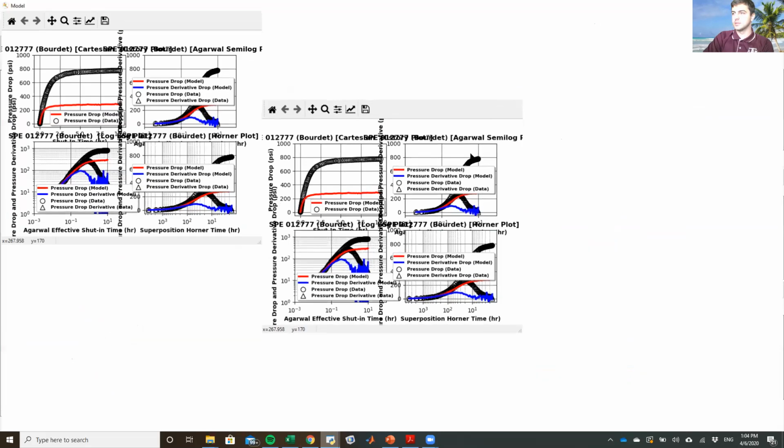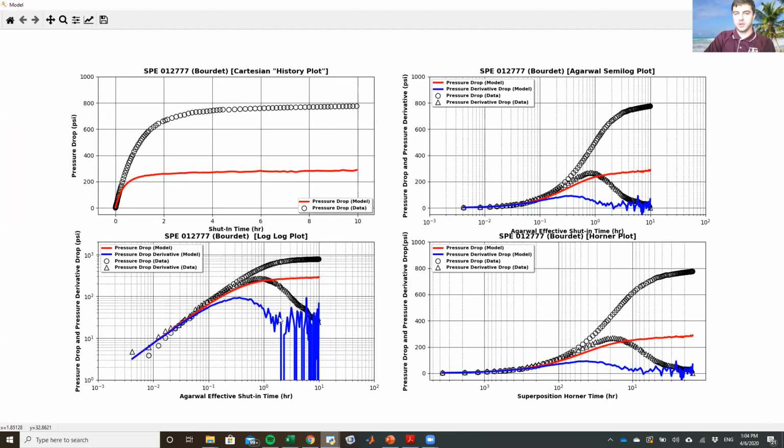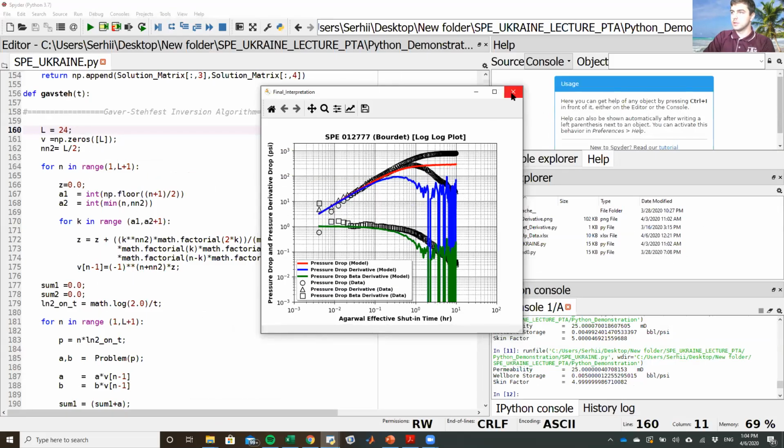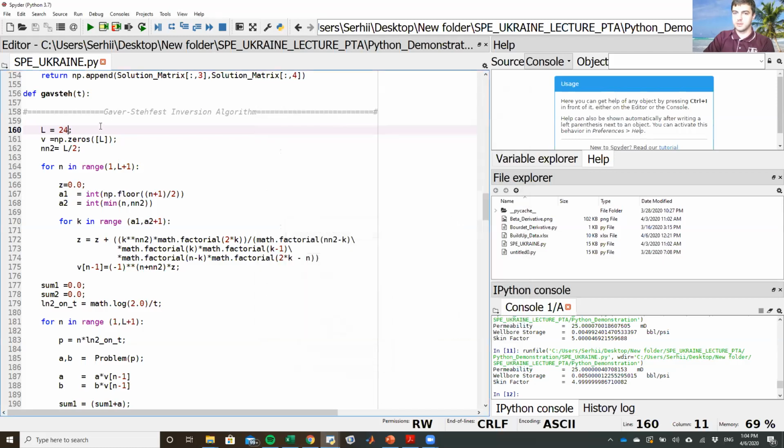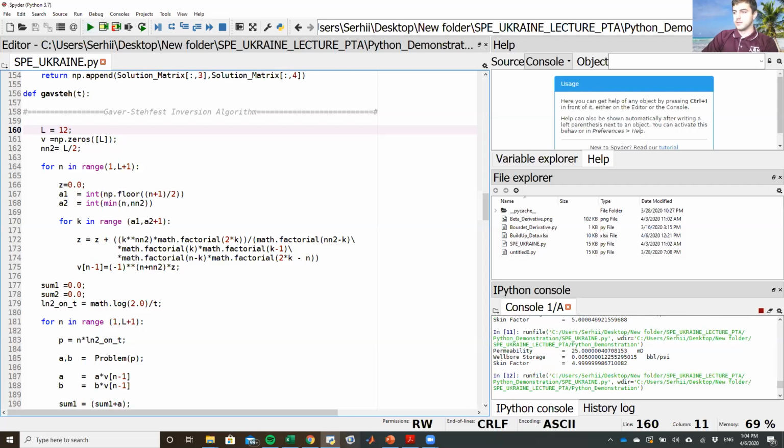Yeah, you see, this is the effect that it's doing. So you have to be very careful while optimizing for that number of terms in the Gaver-Stehfest algorithm, because that will define if your solution is correct or wrong. And this number in commercial software is essentially used by default, so you cannot change it. And yeah, so let's leave it as 12.